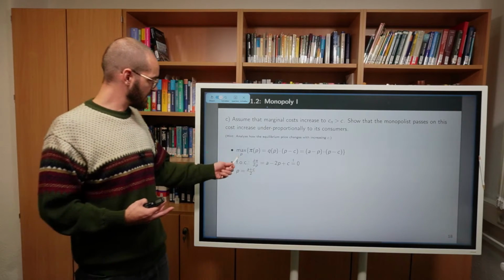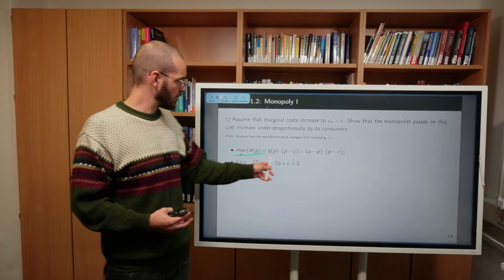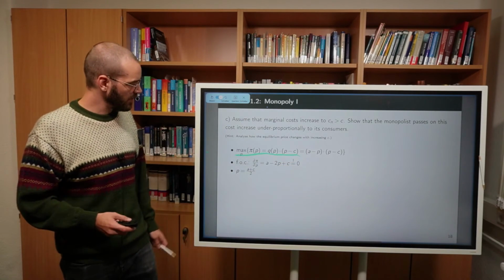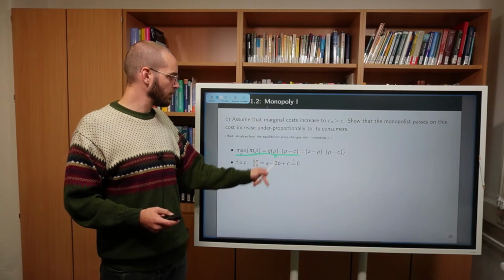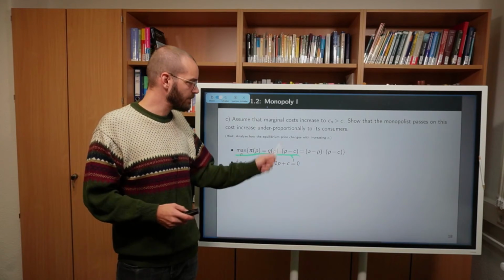So this is nothing but the general notation of the monopolist problem. So we have the quantity sold times the profit margin, P minus C.